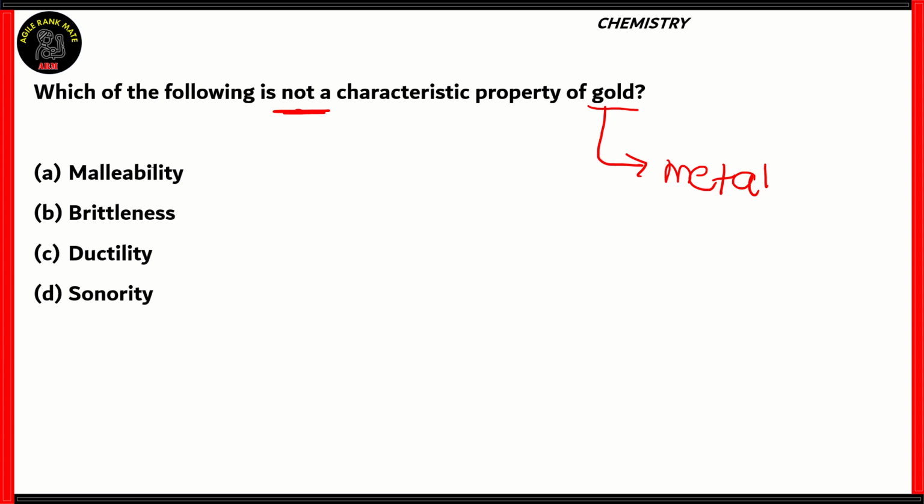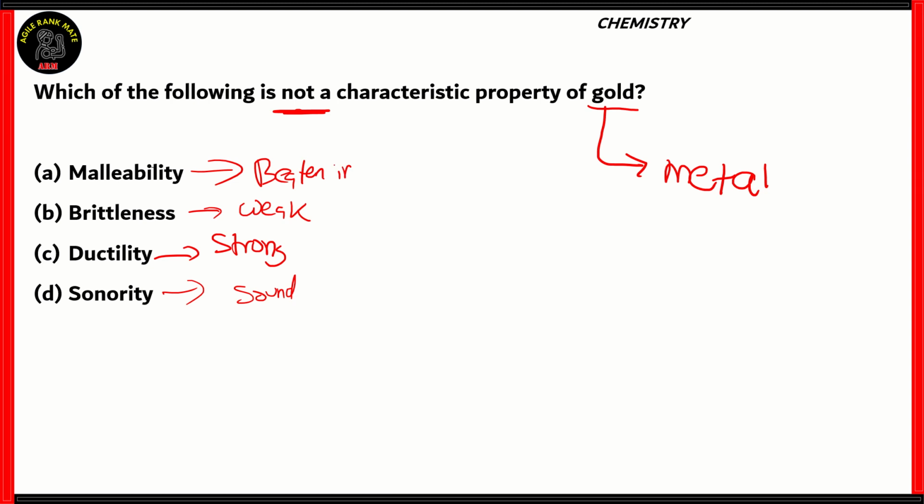Now if you look at the definition of each of these, sonority means that it can create a hollow sound, while ductility means it is strong, brittleness means weak, and malleability means it can be beaten into thin sheets.